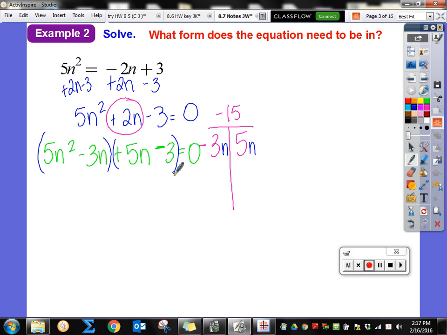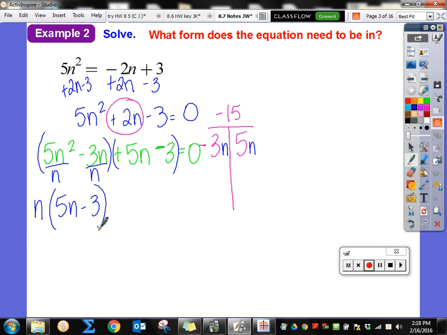And what can I take out of the first one? Just an n. So n, and then I divide both of those by n, and we're left with 5n minus 3. And then what can we take out of the second parentheses? Well, when you say nothing, what should you think in your head? A 1.